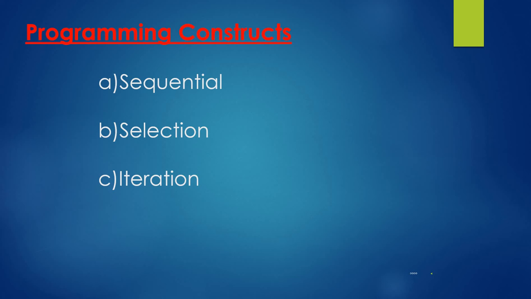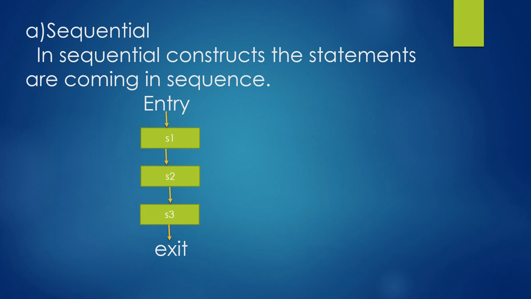First, we can discuss this sequential construct. In a sequential construct, the statements come in sequence. That means first the entry point will be there, then the first statement, then the second statement, then the third statement. After that, it exits. That is, statements come one by one.